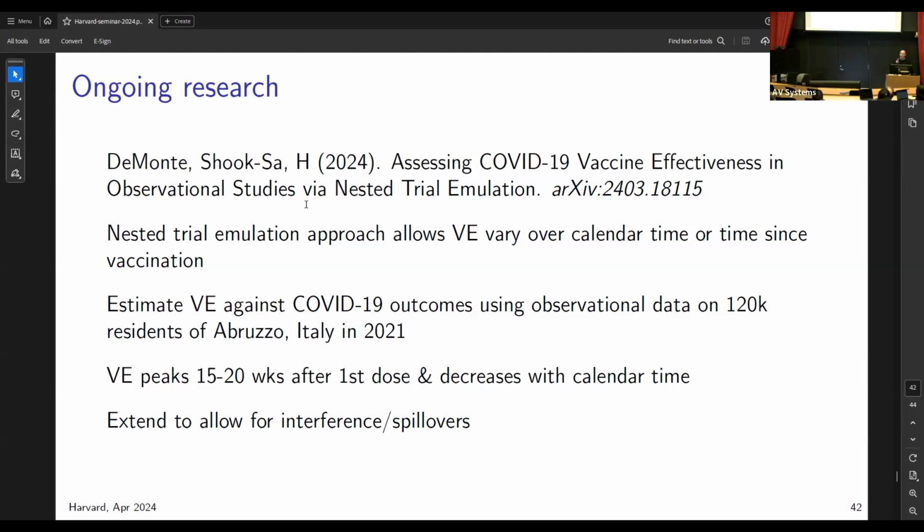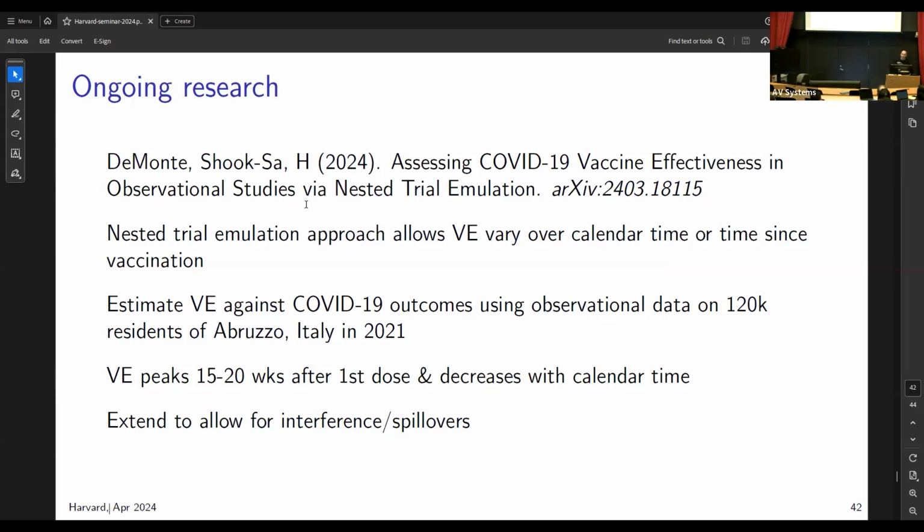We were interested in two different timescales. We wanted to know about calendar time, so is vaccine efficacy going down because of new variants, and the other time scale being time since you got vaccinated. I'll show you the results in the next slide.